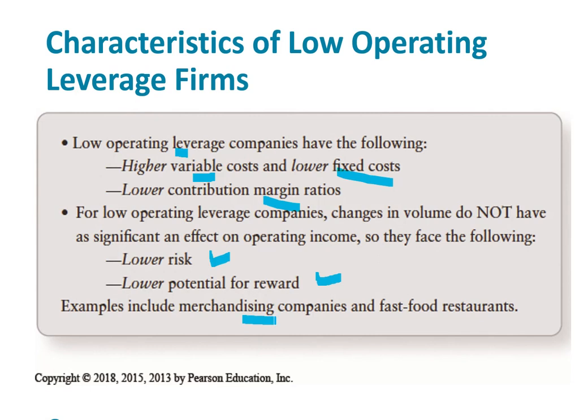So merchandising companies and fast food restaurants, yes, they're not going to do as well when the volume drops, but notice that merchandising companies simply don't buy as much merchandise. If their stores closed, like during the pandemic, they still sold some things online and they still had to pay for the store, if they have one.